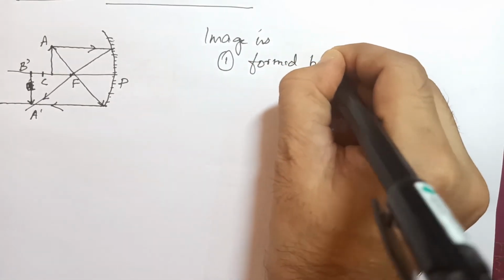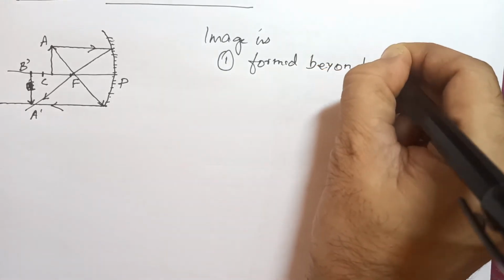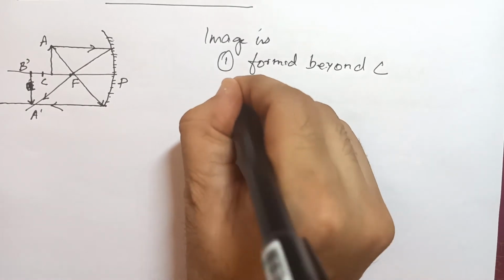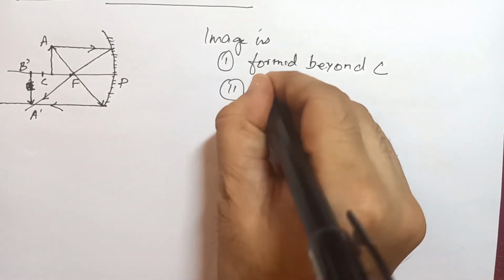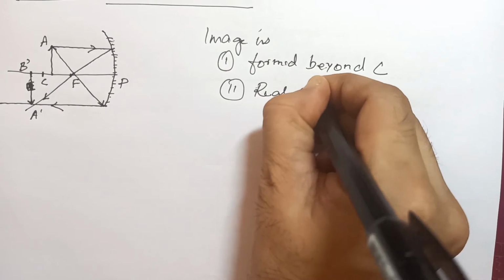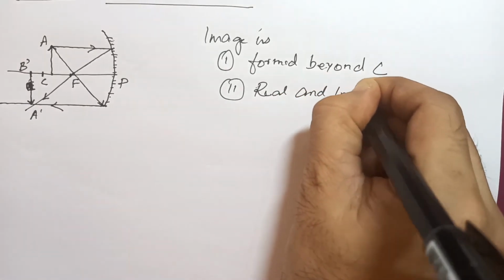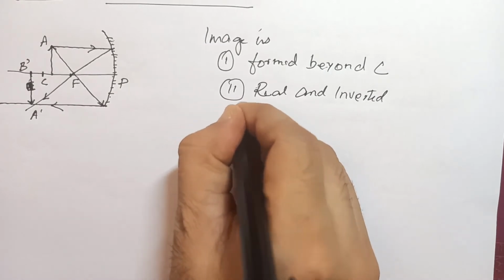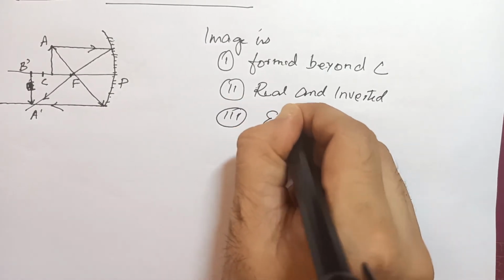Okay, so the image in this case is: 1, formed beyond C, as you see here. 2, real and inverted. 3, enlarged.